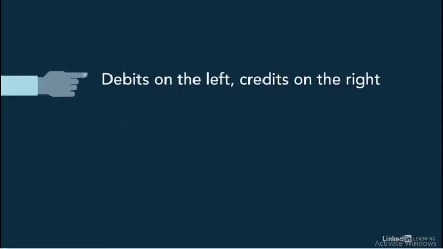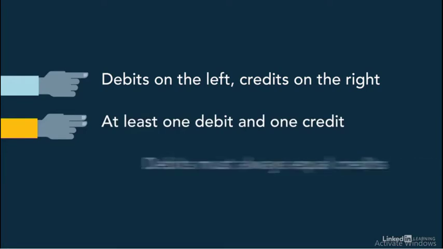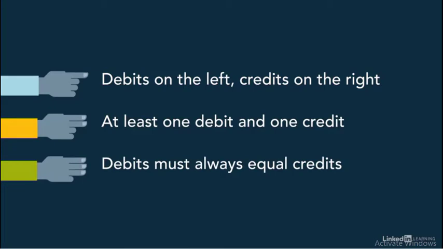First, debits are always added on the left side of an account and credits on the right side. Second, for every transaction, there must be at least one debit and one credit. And third, debits must always equal credits for every transaction. If you can grasp these 3 points, you're well on your way to understanding the mechanics of accounting.